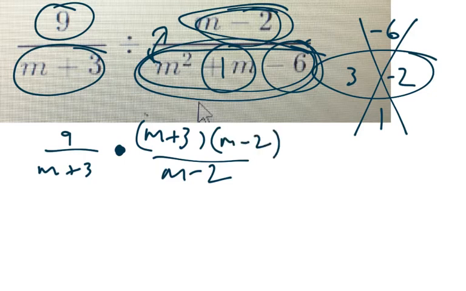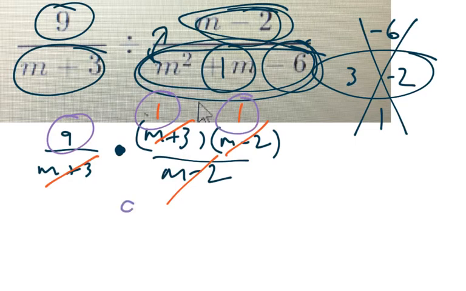And that's how you do divide, guys. You do the reciprocal, and then it becomes a times problem. So notice I have m plus 3 divided by m plus 3, which is 1. I have m minus 2 over m minus 2, which is 1. And so all I have is 9 times 1 times 1, which is 9.